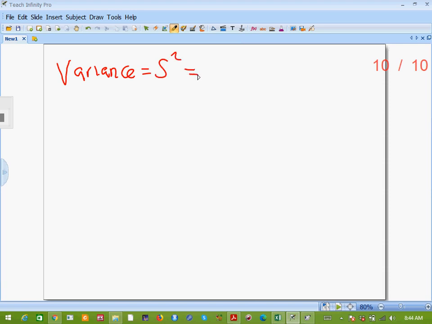I'll give you two formulas. You can use whichever you're comfortable with. The first one is the sum of xi minus x bar squared multiplied by the frequency, over n minus 1.